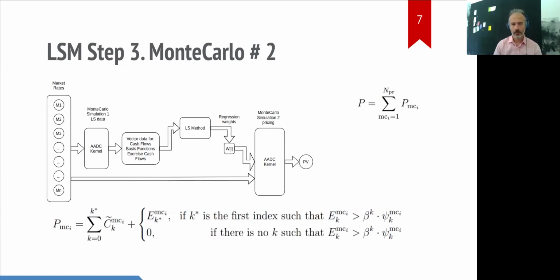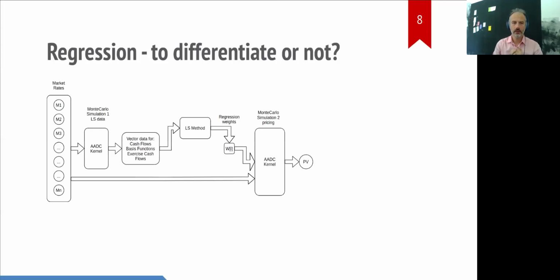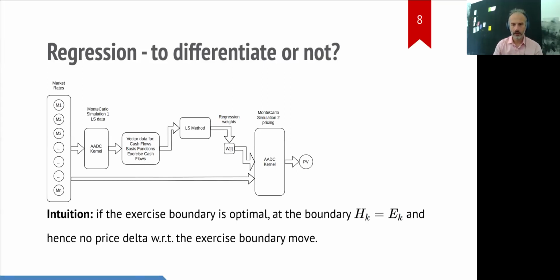And when your exercise strategy is optimal, the expected value of the hold values should be equal to the exercise value. Right, so regression, do we want to differentiate it or not? There are lots of papers around this subject, and I'm going to give a quick intuition why I think you may not want to differentiate it.